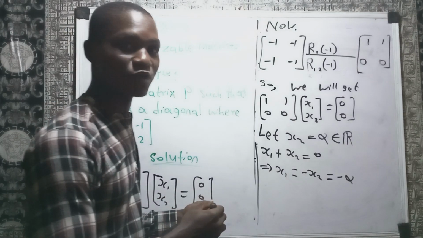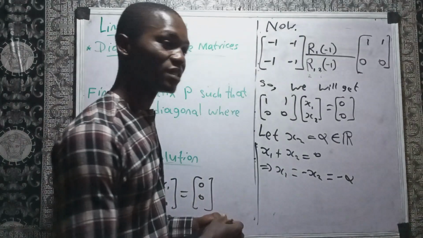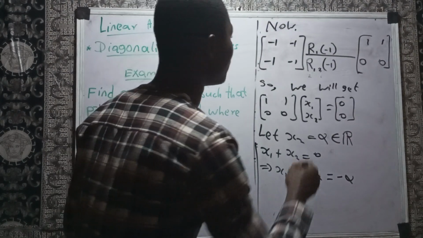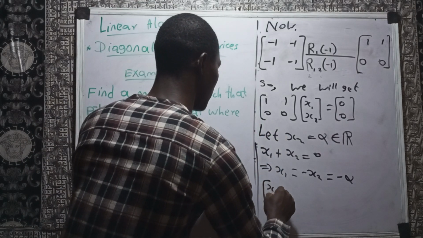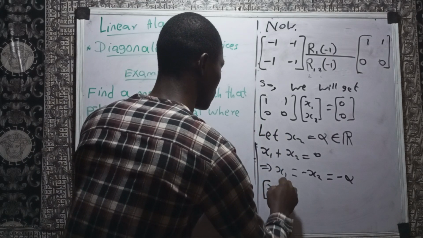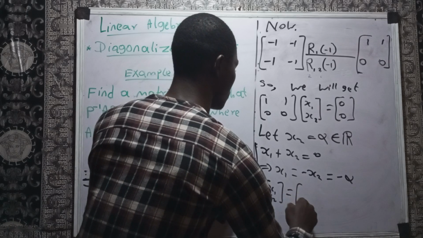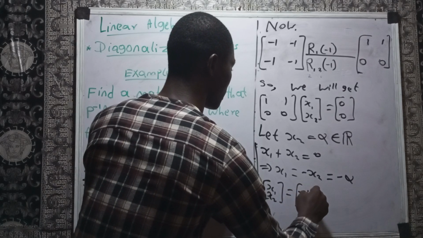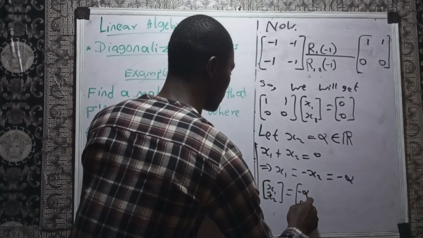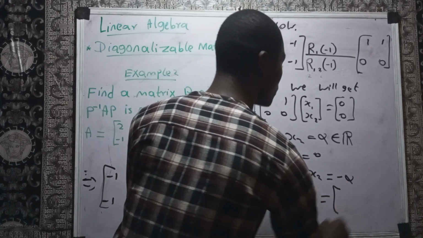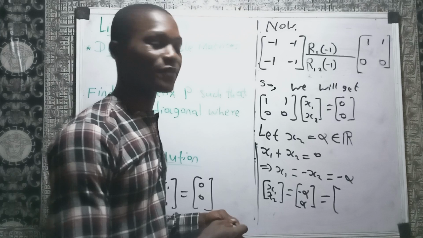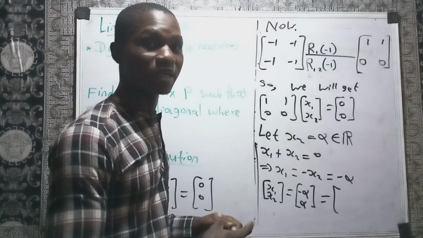So which means that x2 is alpha and then x1 is negative alpha. So your vector, having entries x1, x2, will be equal to x1 is negative alpha, x2 is alpha. Let's choose a particular alpha, because alpha is just a real number.